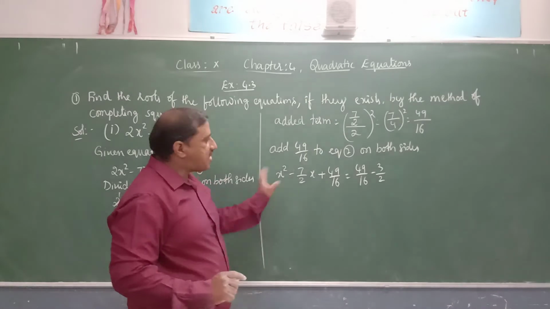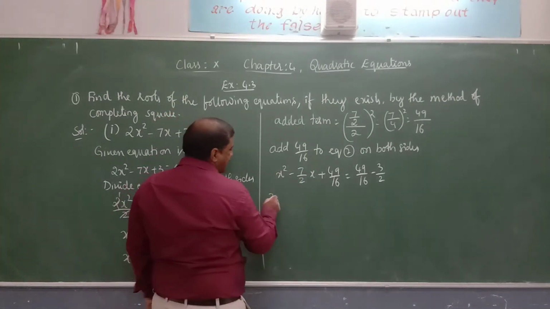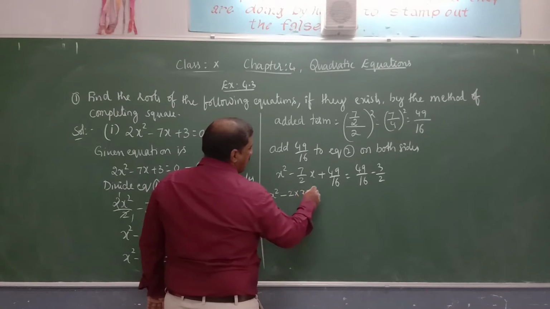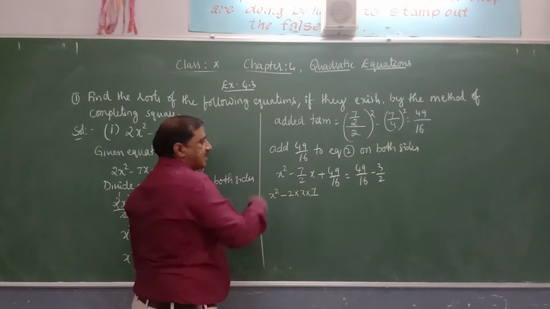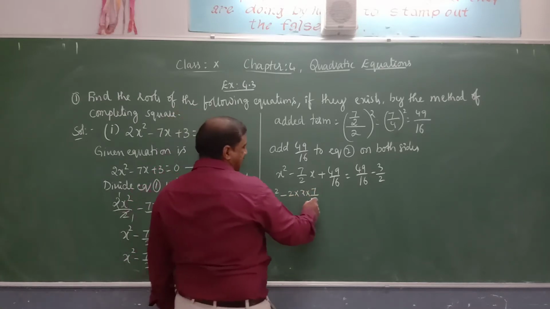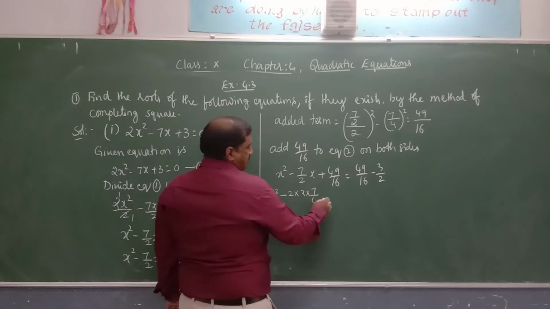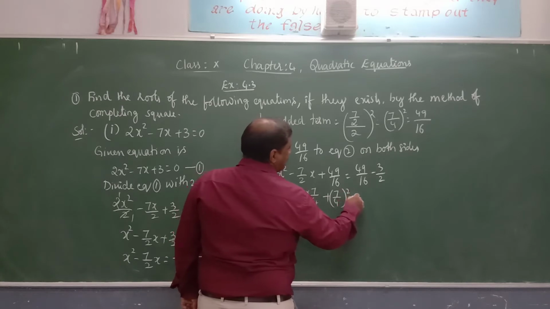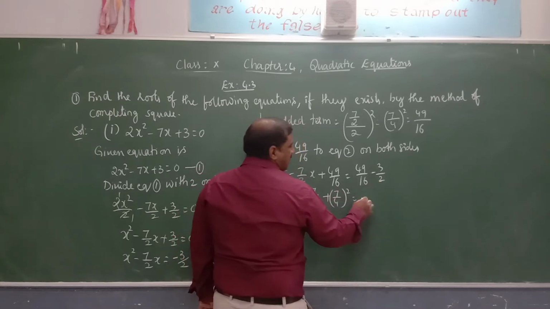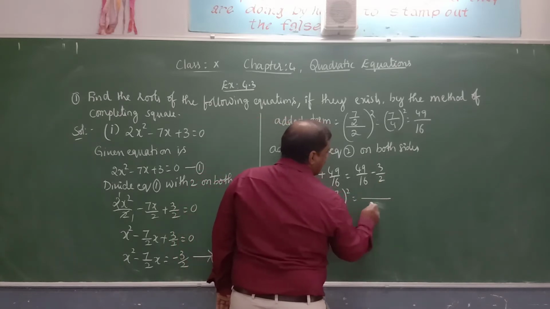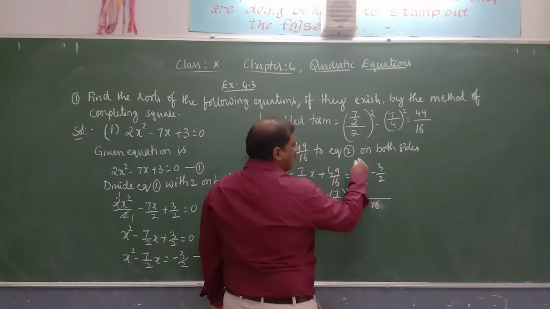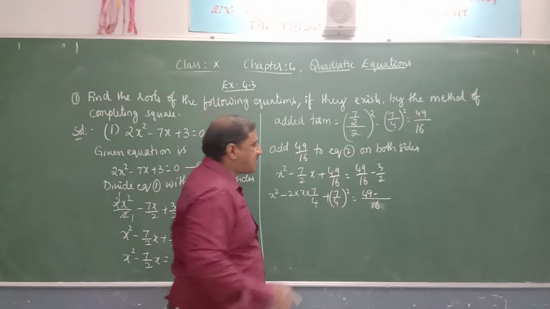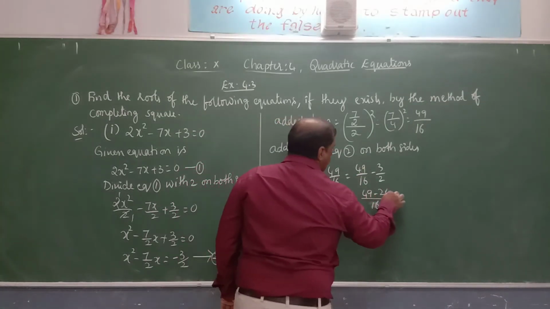Change this as x square minus 2 into x into 7 by 4, plus 7 by 4 whole square, that is equals to, take LCM as 16 here, 16 ones are 16, 1 into 49 is 49, minus 2 8s are 16, 8 into 3, 8 3s are 24.